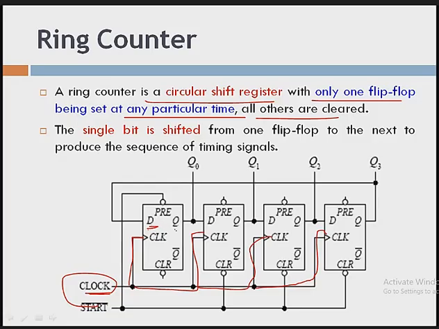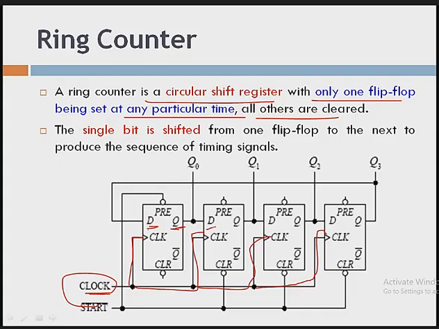So now we want to shift the data from one flip-flop to another flip-flop. So the output of your first flip-flop is connected as the input of your next flip-flop. See here, the output of the first flip-flop is connected as the data input of your next flip-flop.